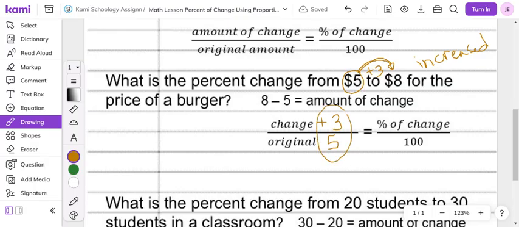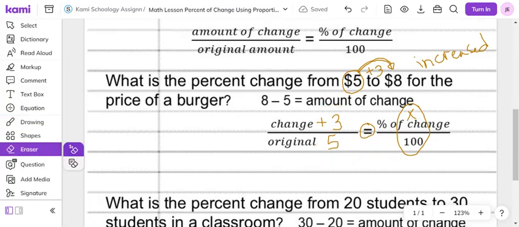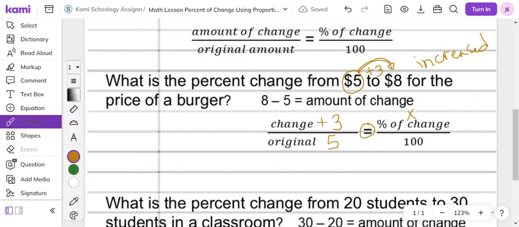How can we find the percent of change? We set this ratio equal to a percent ratio, some number over 100. Now we can use that ratio to help us solve.